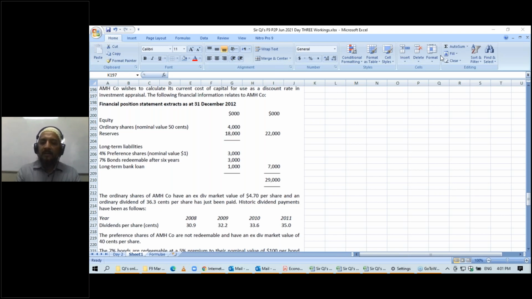Today is day number 4 of financial management practice to pass sessions, and our today's topic includes a bit of financing and cost of capital, and then we'll be doing some work on risk management.